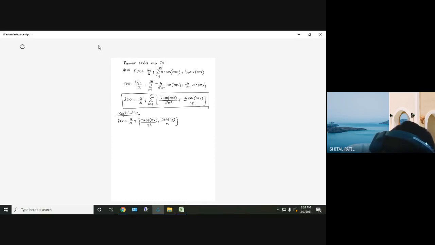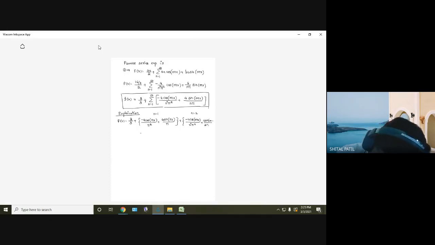This is for n equal to 1. Plus, if I take n equal to 2, see what happens. n equal to 2, we have minus 4 cos of 2 pi x divided by 2 square pi square plus 4 sin of 2 pi x divided by 2 pi.